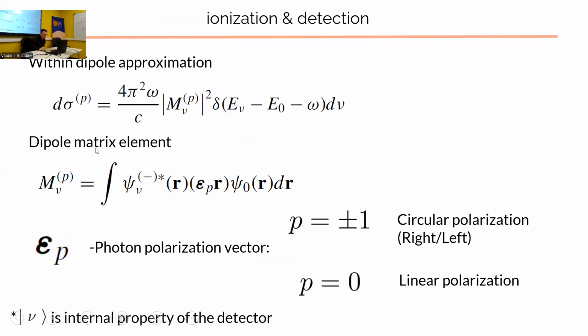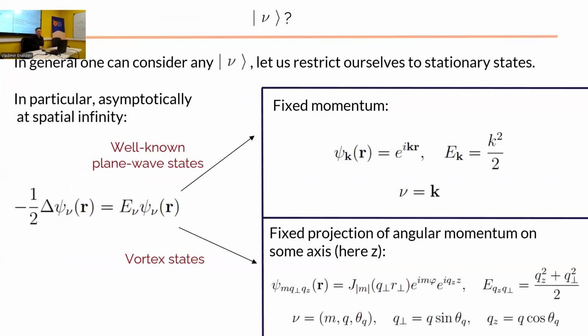And here the dipole matrix element is given by the following formula, where we have the photon polarization vector, and note that this psi nu is a final state. Note that we don't concretize which state we use, it's just some final state of the electron. In general, we can consider any state psi nu. So we just limit our fantasy.